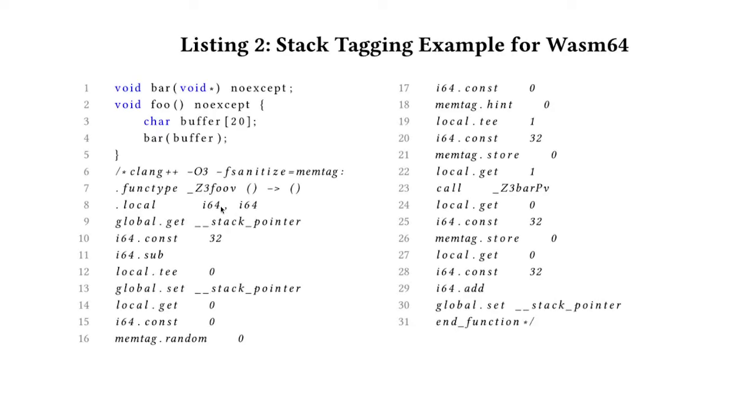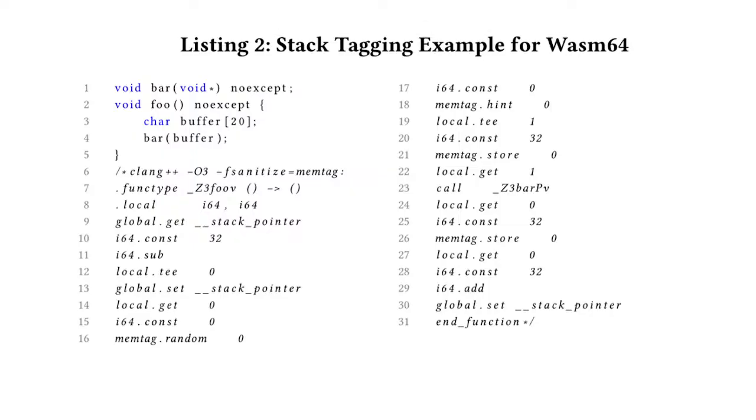Now here's what the hint is doing. We have a tag here and a buffer. It tries to get memory with a tag, and then it uses the hint, which is the first object here. If it is hint 1, it's going to add 1 to the tag of this pointer, which ensures that adjacent stack objects have different tags. So you won't have the first object overflow into the second one, because we use the first tag plus a hint to do that.